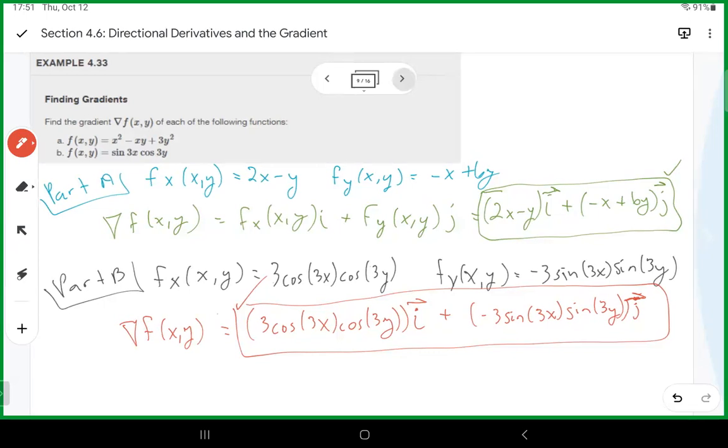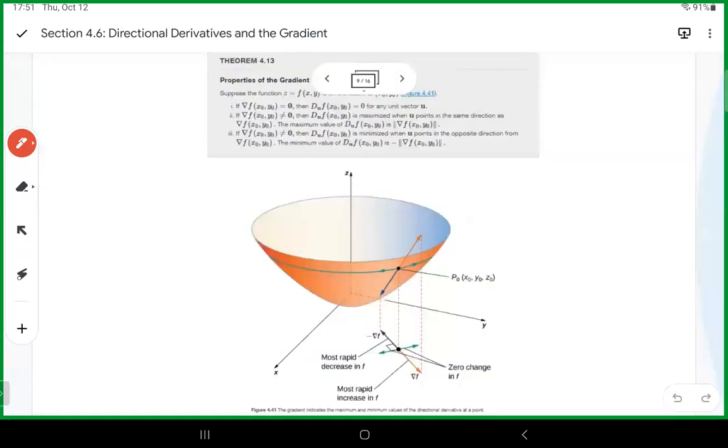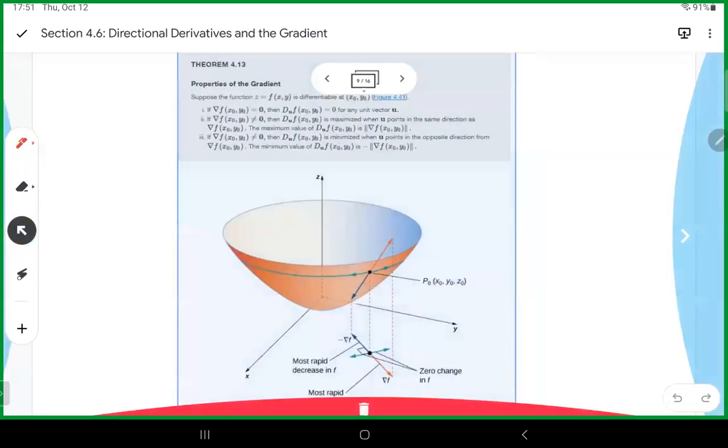All right. Okay, so we have another theorem.